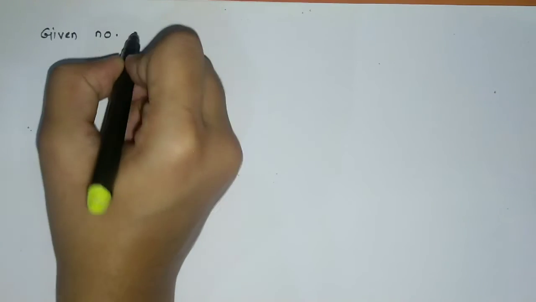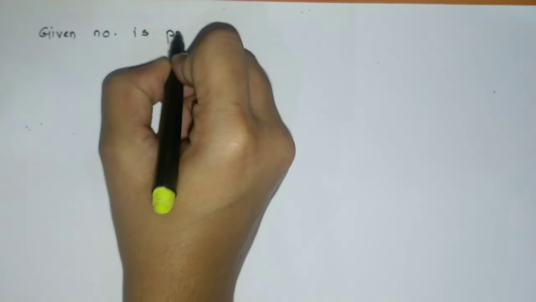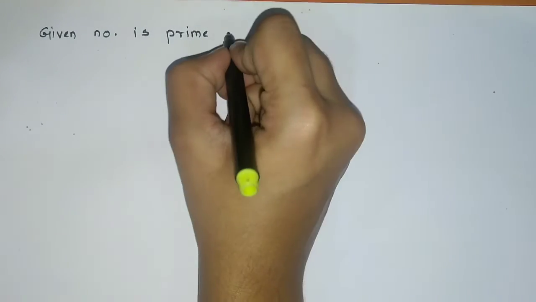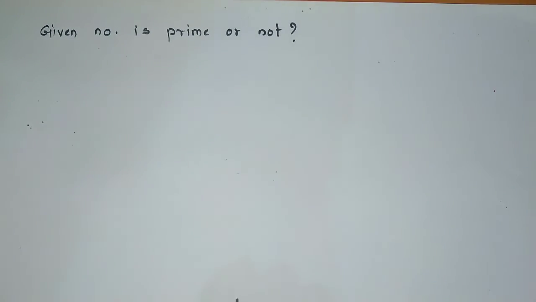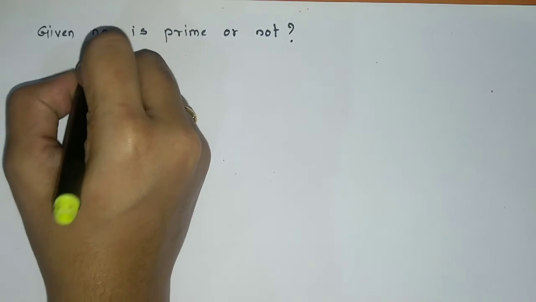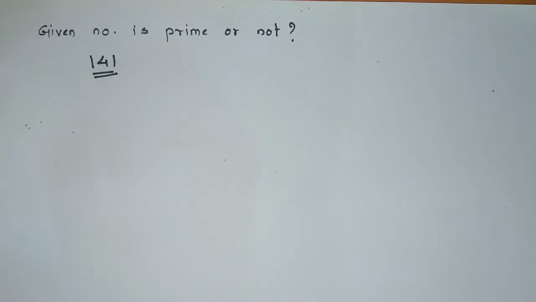And from the prime numbers, one question can be asked: find whether the given number is prime or not. Let's take one example, 141.